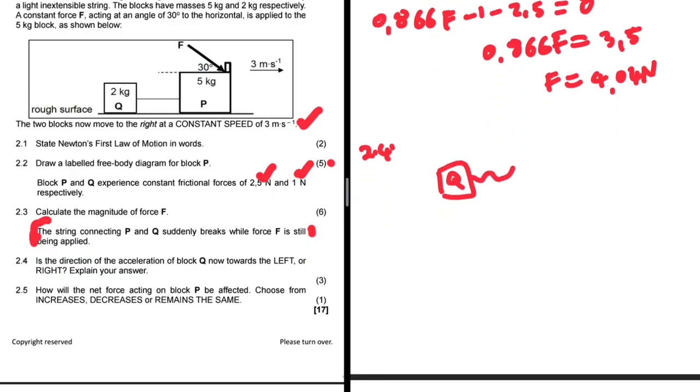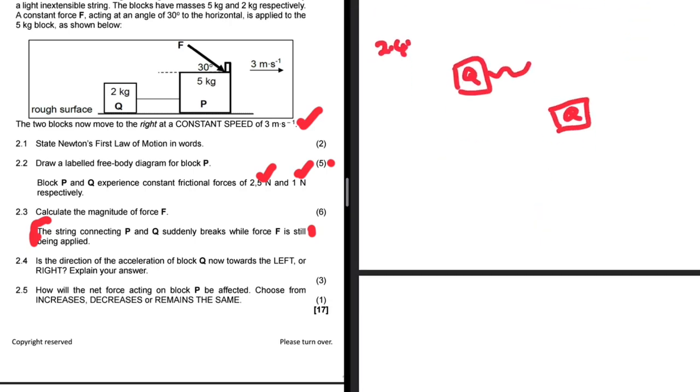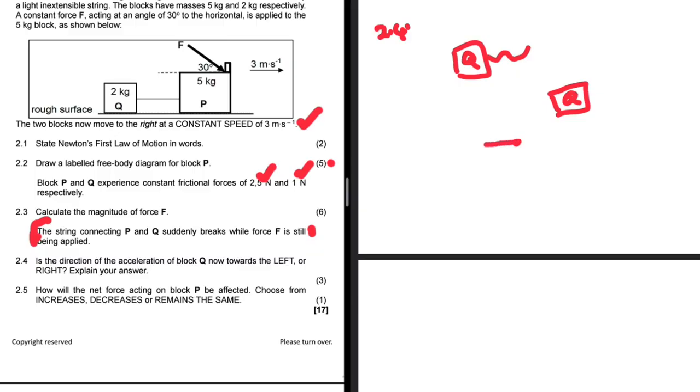So what do you expect block Q to do? You expect it to come to a stop eventually, right? You expect it to slow down and come to a stop because it is no longer being pulled. So when it is slowing down, what is the direction of the acceleration? It's to the left, because when the string breaks, it has a velocity of 3 meters per second, and when it comes to a stop, it has a velocity of 0 meters per second.